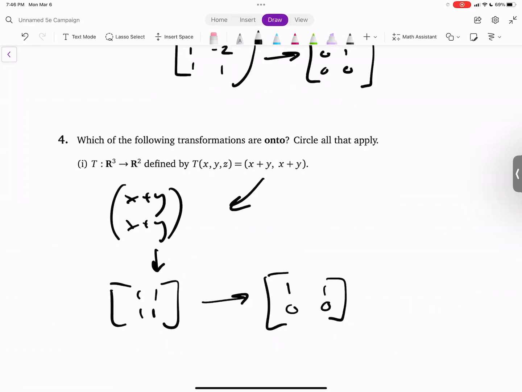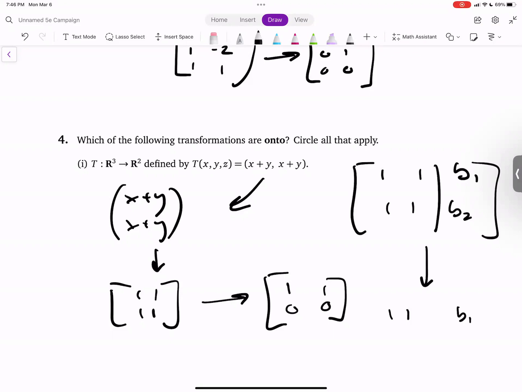Just like that. If it asks you for a counterexample, for example for this one, that it's not in the span, you would just augment it with b1, b2 and row reduce it, and you'll get [1, 1, b1], [0, 0, b1 minus b2]. If they're asking for something that it's inconsistent for, we're solving for anything where this entry is not 0 to make it inconsistent.